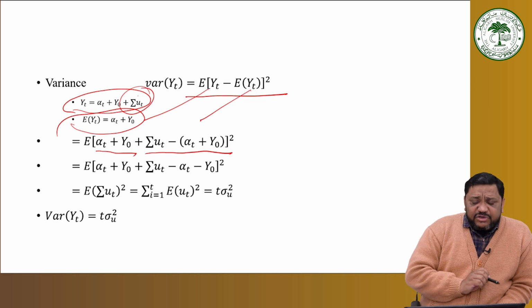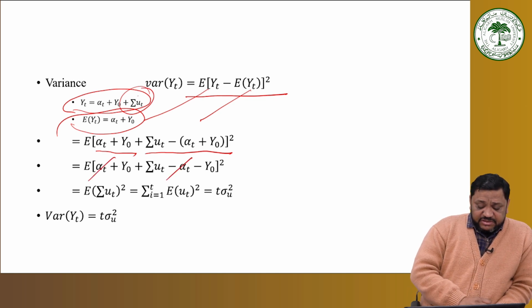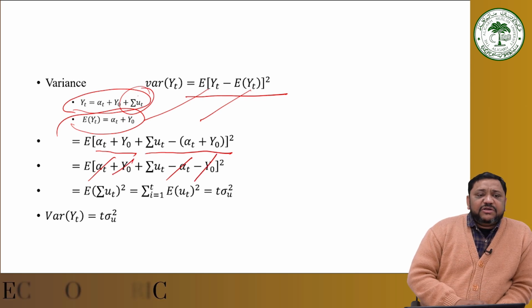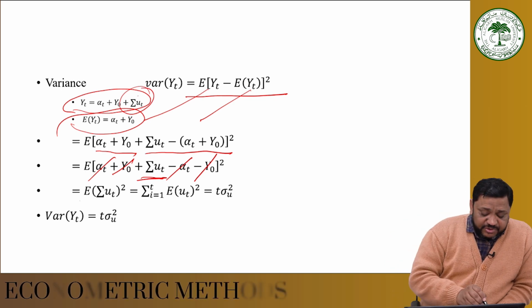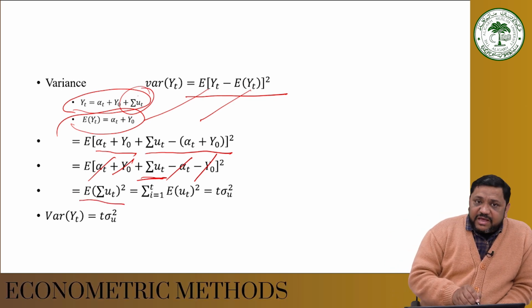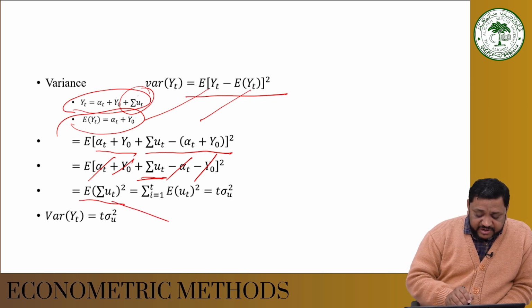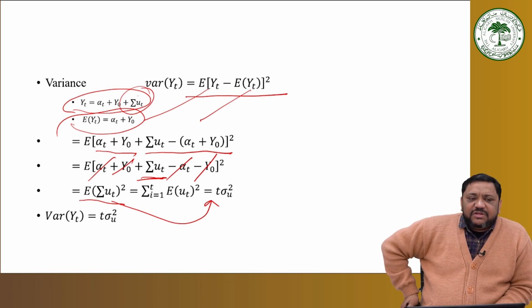Now, once we open the bracket, alpha t and alpha t get cancelled, y0 and y0 get cancelled, so we are left with summation ut. So, summation ut square, again summation u square is sigma, fine, but there is an element of time t. So this indicates that the variance is t sigma square u.